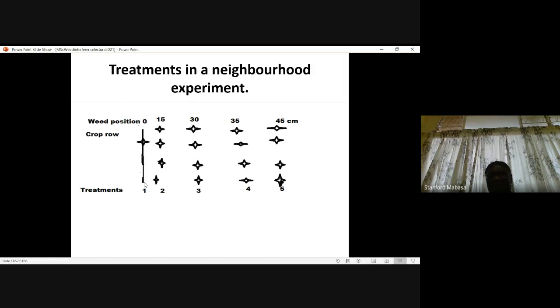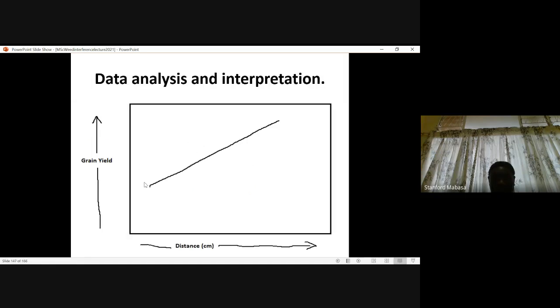So as you move the weeds away from the crop row, what can happen to this crop? In some papers, they talk of area of influence by plants. Neighboring plants start affecting each other when their areas of influence start to coincide. Now, this is a plot of the distance away from the crop and yield.